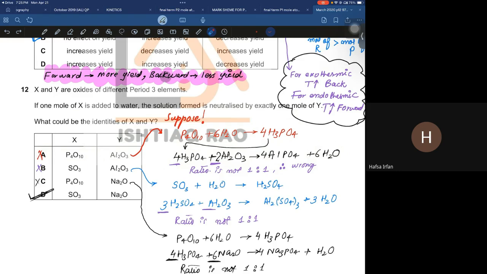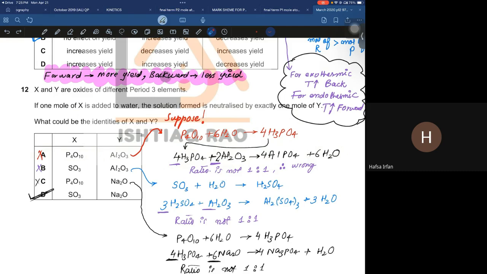Remember, this is quite a tricky question because you need a good grip on inorganic chemistry. You need a good grip on how to balance a chemical equation. Otherwise, you won't be able to do this question, because the whole time you would be writing down equations and balancing them. So you must know how to balance a chemical equation.